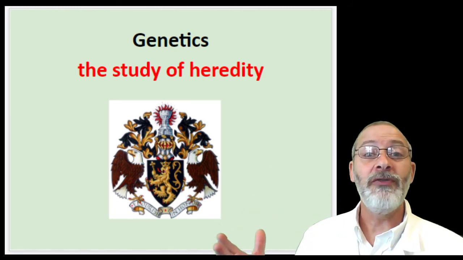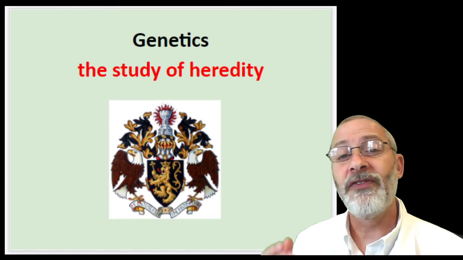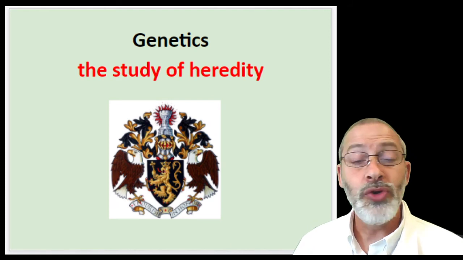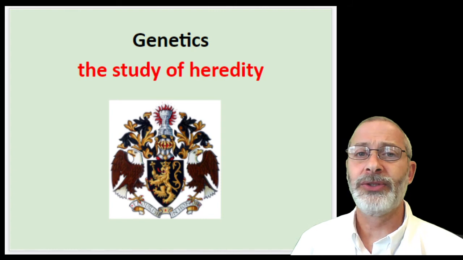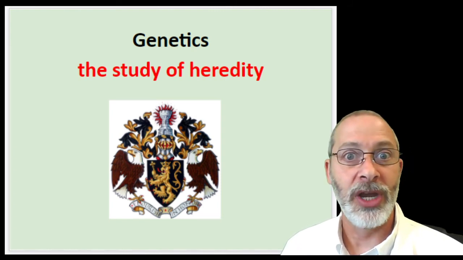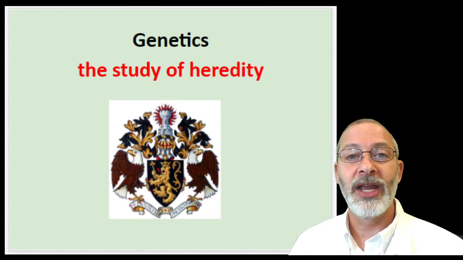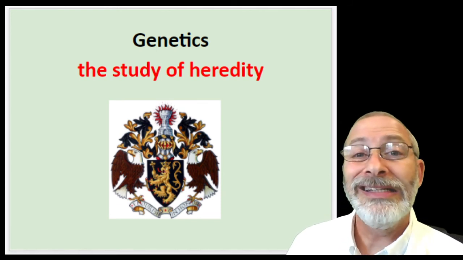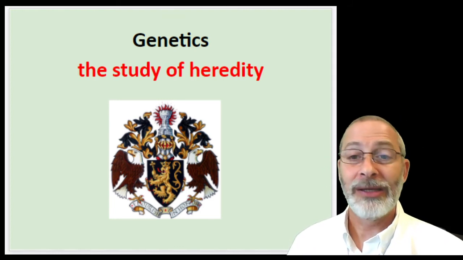But during medieval times, the study of heraldry was very important, and your family lineage, who you are a descendant of, was a big deal. If you were a knight, you'd have a shield with your family coat of arms on it, and you'd identify your family based on who you are a descendant of. That's where the word heredity really comes from.